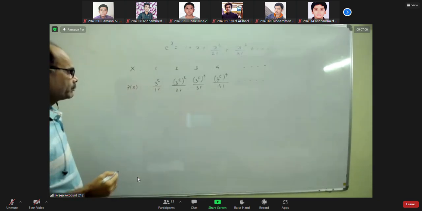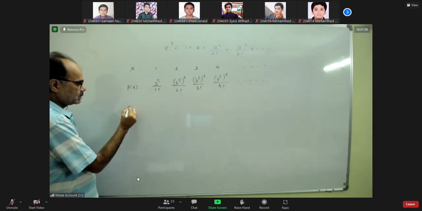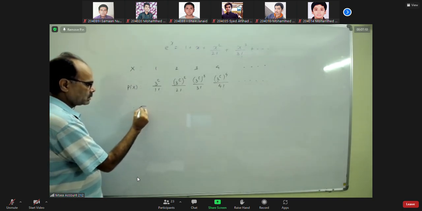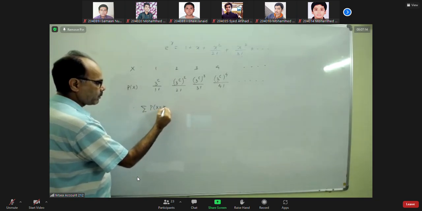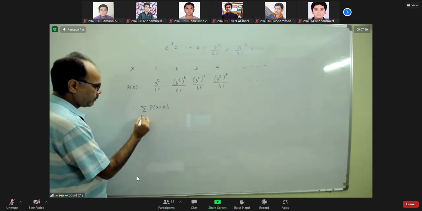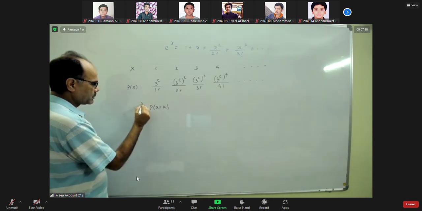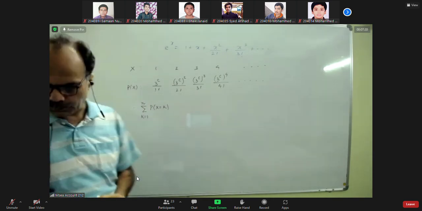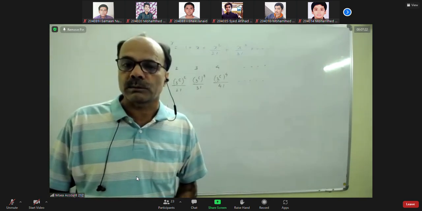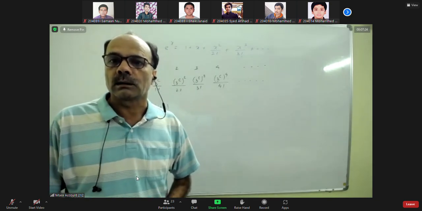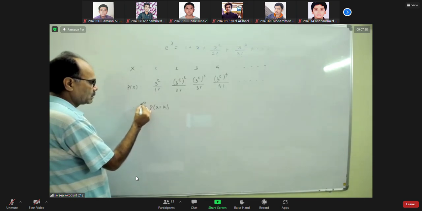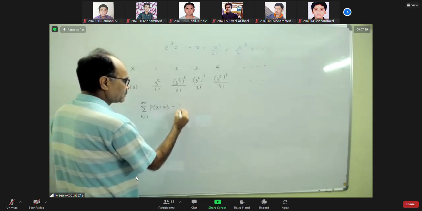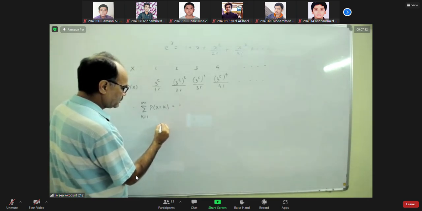Now summation of probability of x equal to k. In any probability distribution, the sum of the probabilities must be 1. K going from 1 to infinity equals 1.